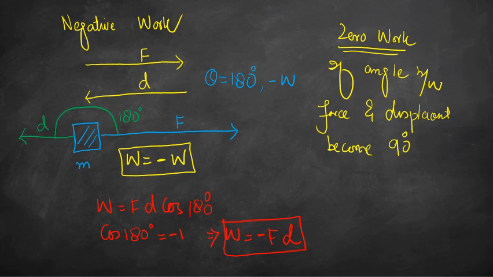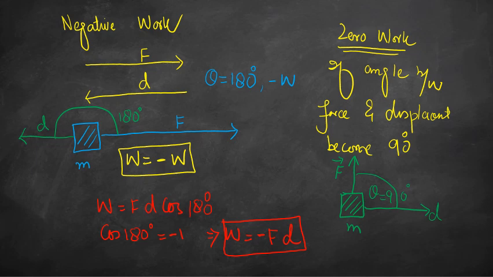Consider this as a block of mass m. Now if the force F is applied along this direction like this, and the direction of displacement is like this, then the angle between the force and displacement becomes 90 degrees.